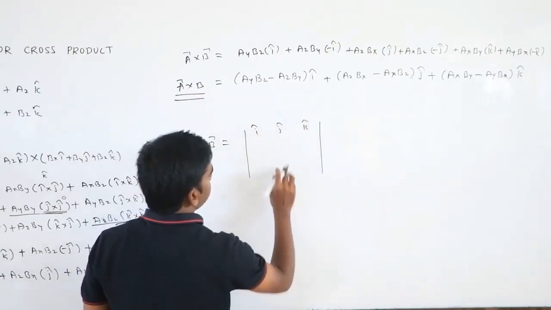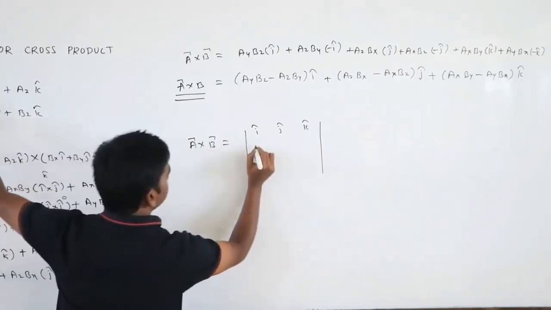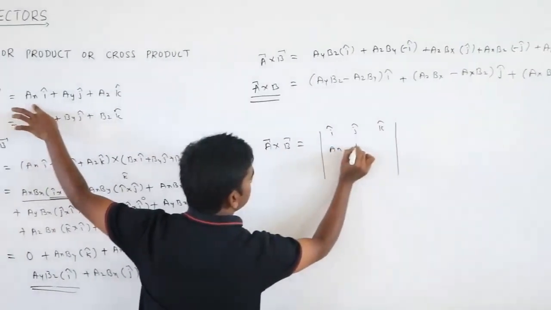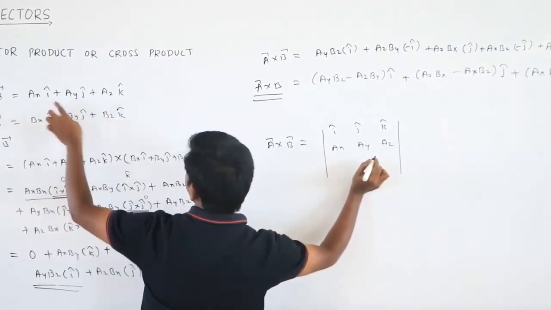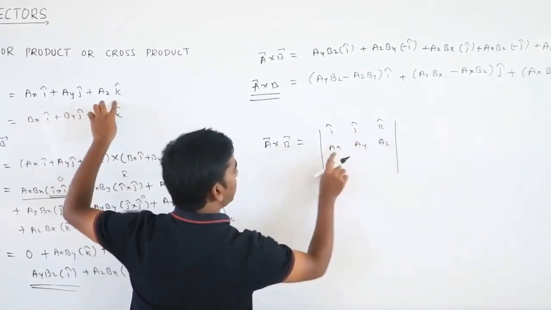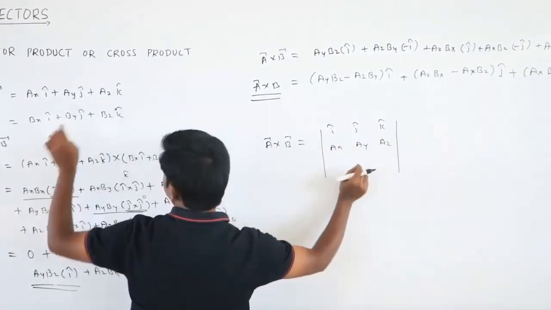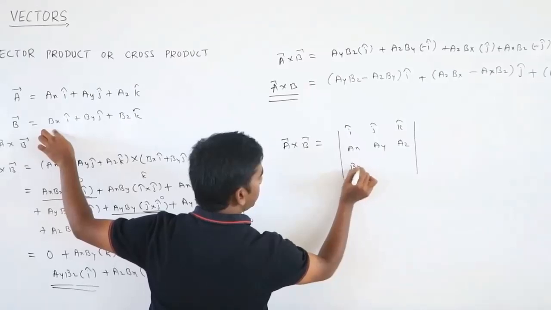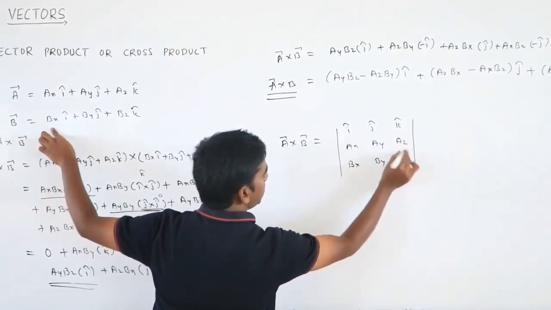Then you write vector A. What is vector A? Vector A, you are having ax, ay, az. Only components you write, no i j k, i j k were already written. Okay, so next B vector: bx, by, bz.